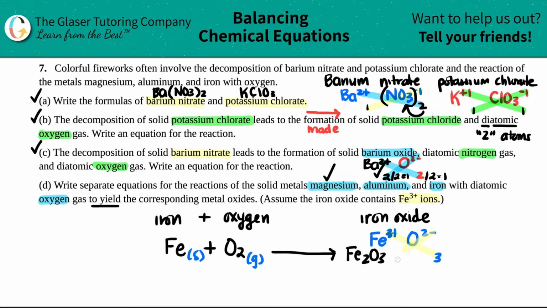Let me just erase this, just so that we have more room here. I think you guys got it by now. And it looks like the same problem happened as last time. This is a solid, so let me just put that there.